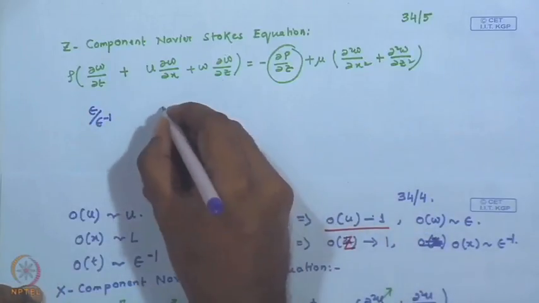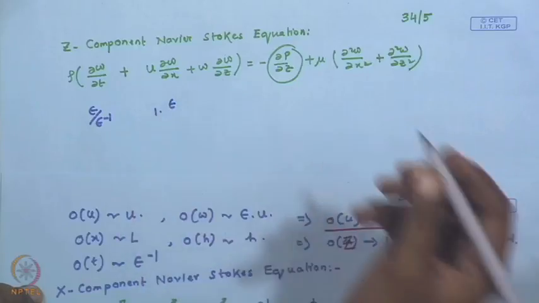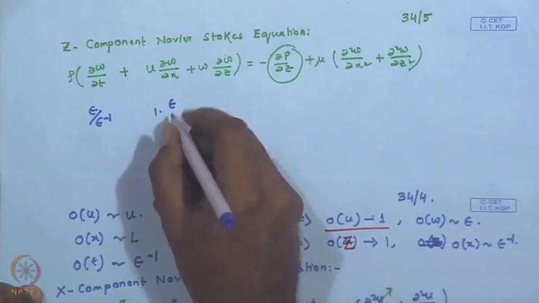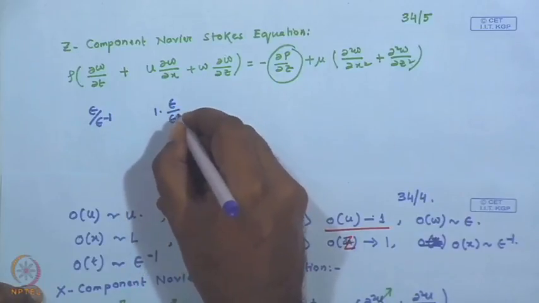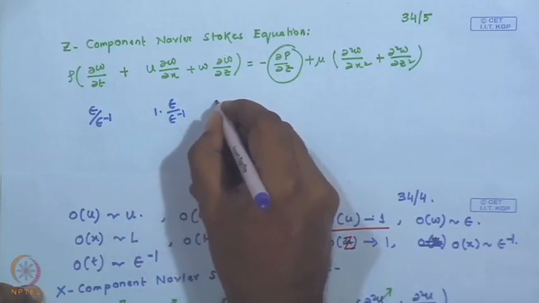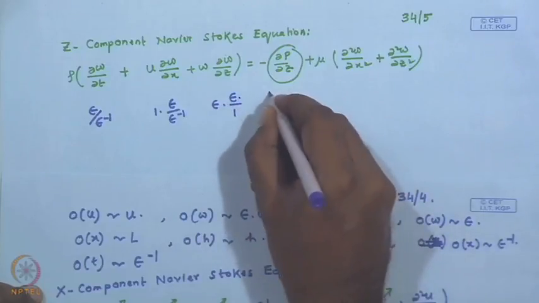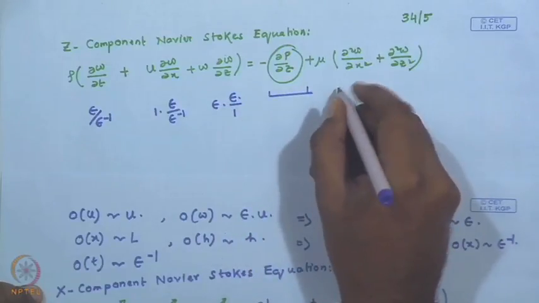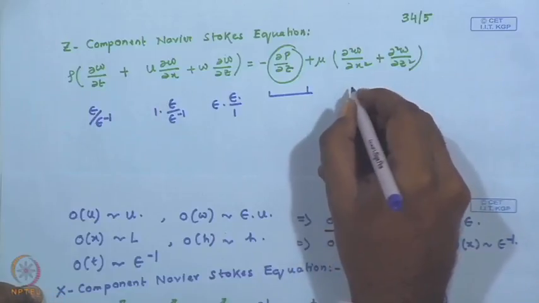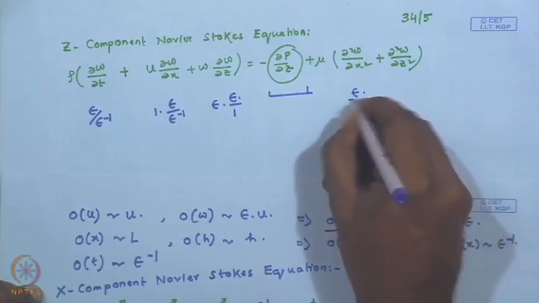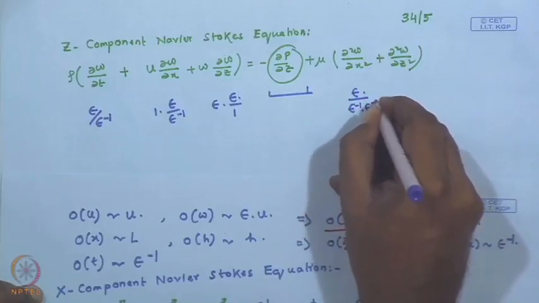Order of u is 1, and order of x is epsilon inverse. So, this is w is epsilon, this is 1, this we leave untouched, and this one turns out to be epsilon divided by epsilon inverse.